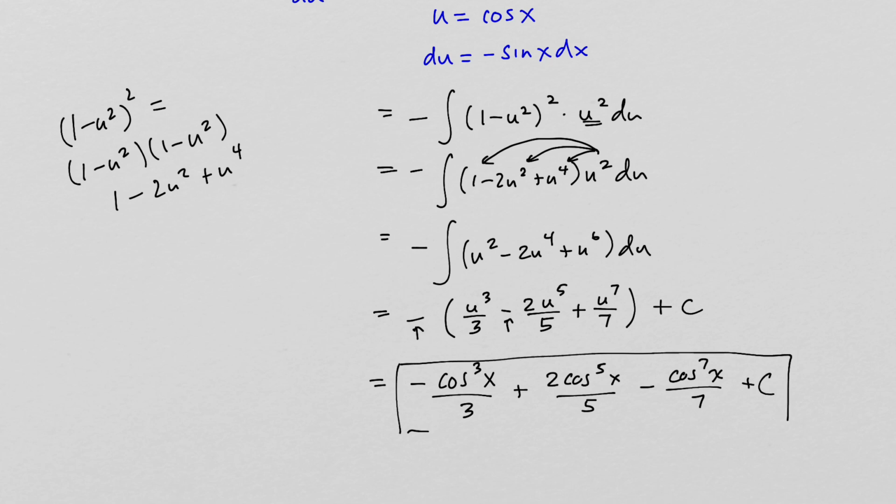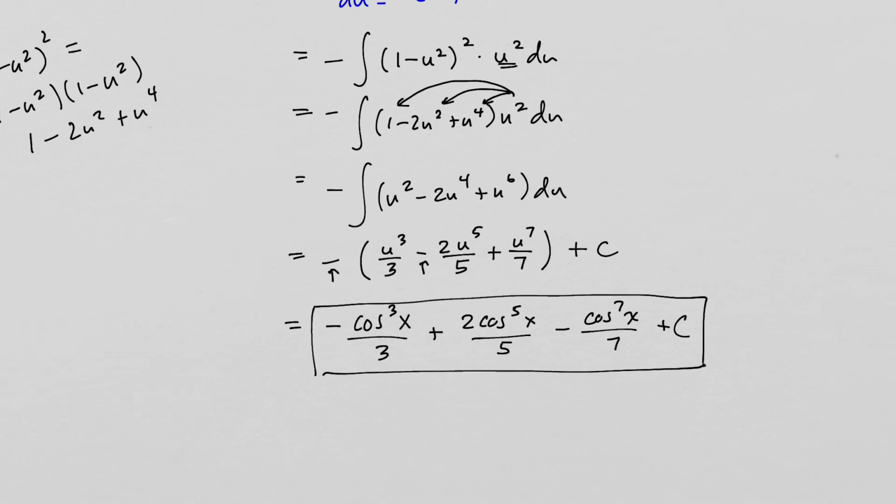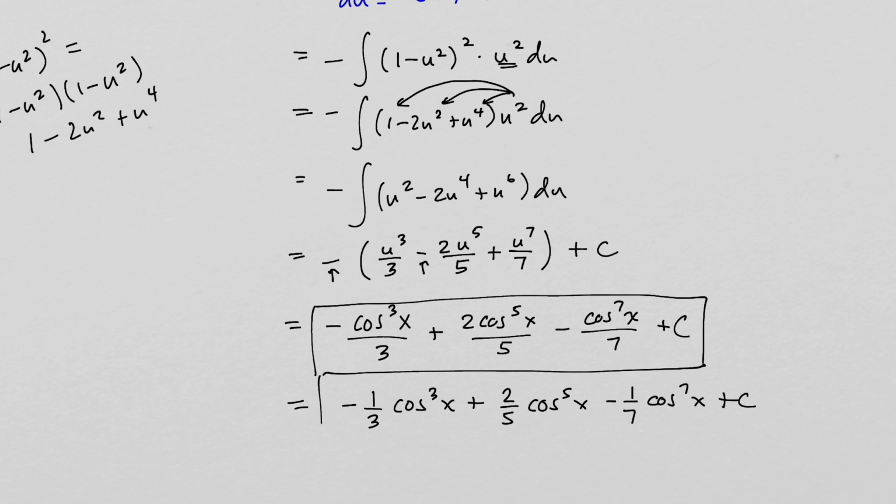And we can leave our answer like this. Or once again, you could change the coefficients to be fractions. So we could say this is negative 1/3 cosine cubed plus 2/5 cosine to the fifth and minus 1/7 cosine to the seventh. Both answers are fine, and you should just make sure that you could recognize both of these as being the same.